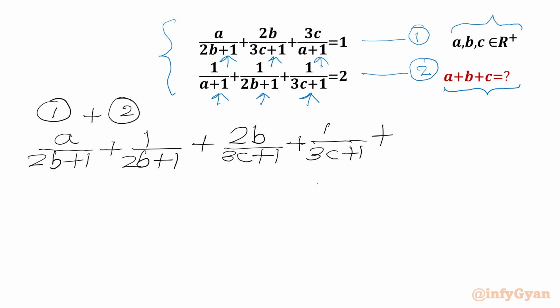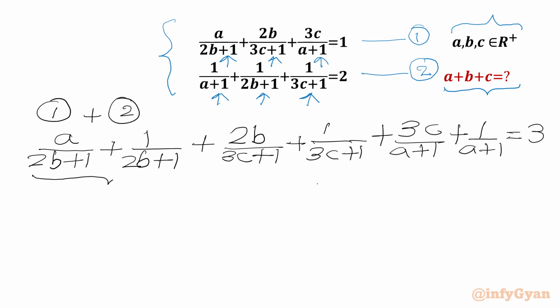Then we will add 3c over a plus 1 with 1 over a plus 1. In the RHS we have 1 and 2, addition will be 3.